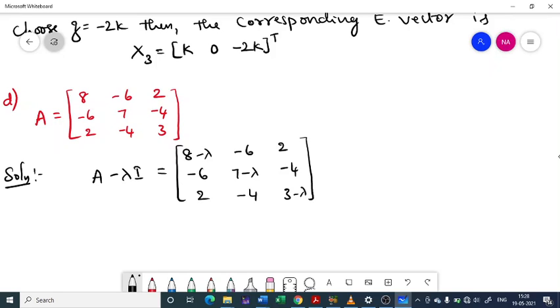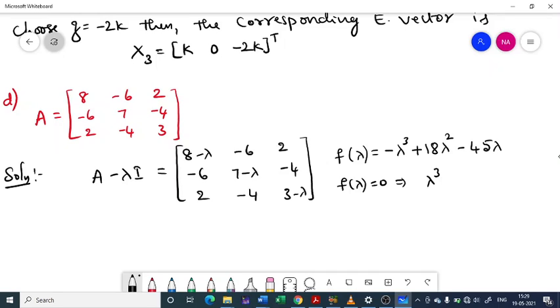So simplifying this, you can check that finally you get the polynomial f of lambda equal to minus lambda cube plus 18 lambda square minus 45 lambda equal to 0. That implies, as f of lambda equal to 0, you can multiply this by minus sign and then simplify.